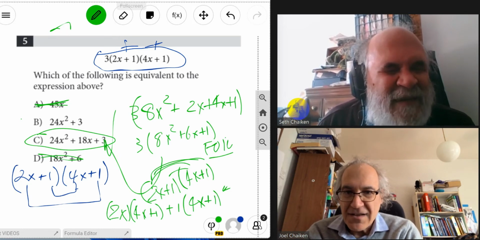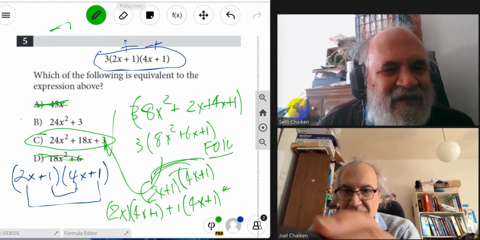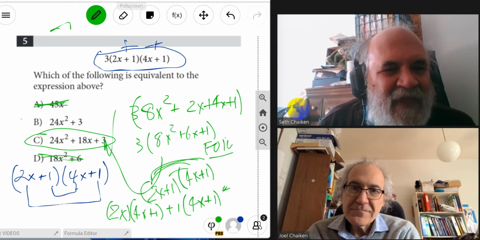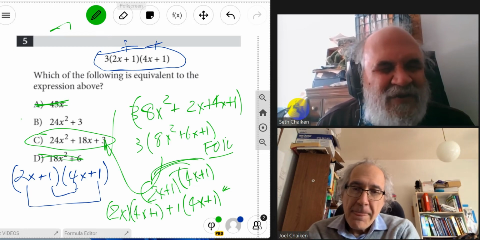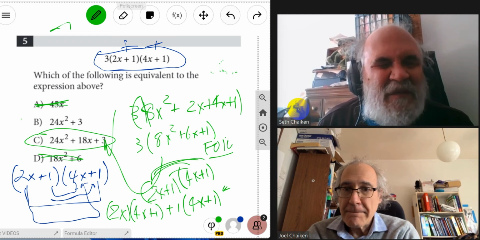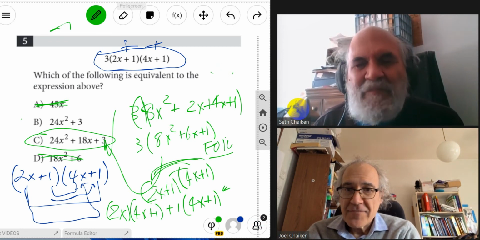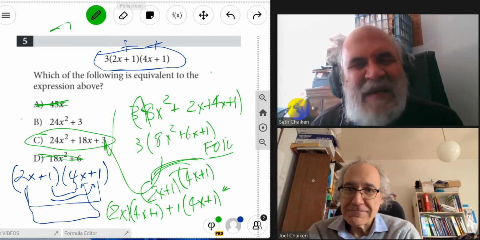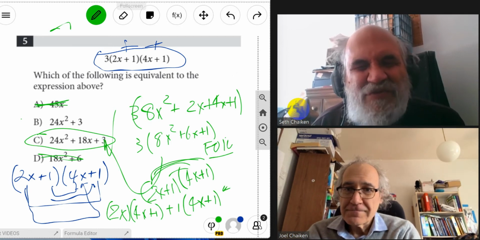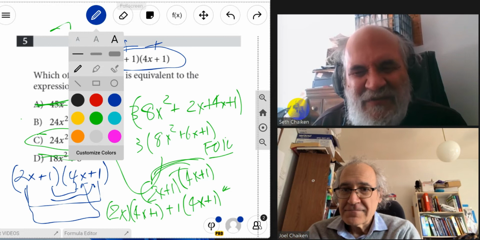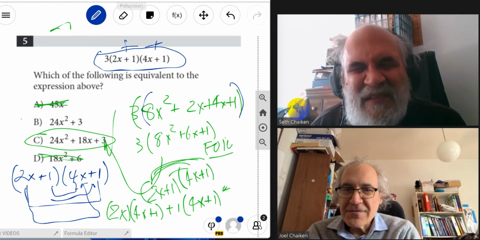I did it here: this one and this one. There are four terms that result. I don't like FOIL, because what does that mean if you're multiplying three binomials? There's a first, middle, and last.